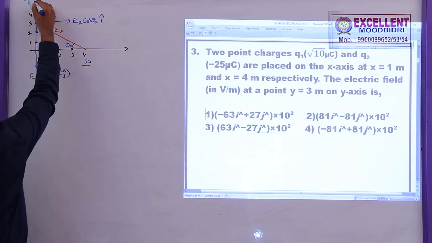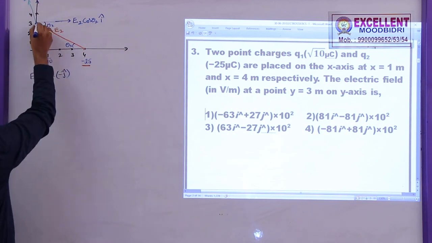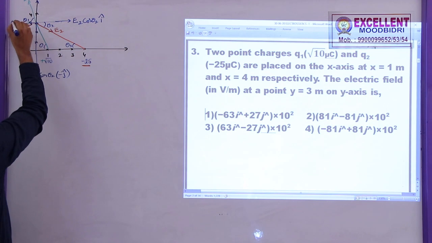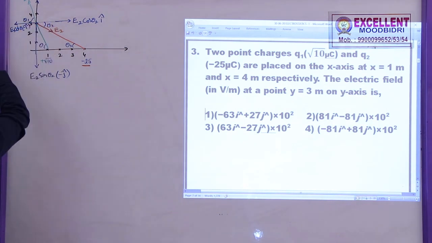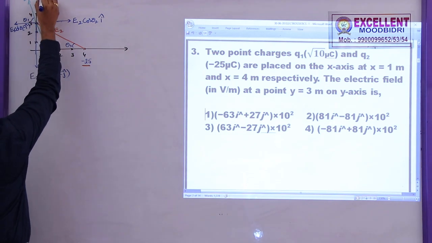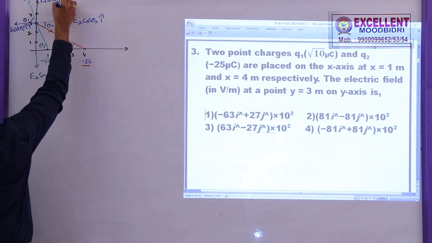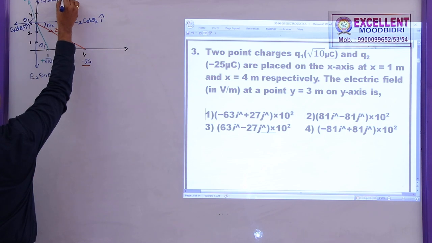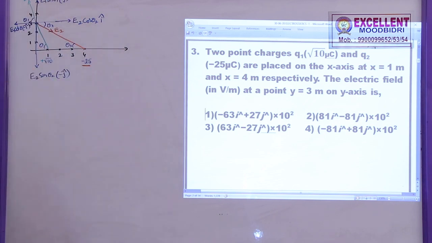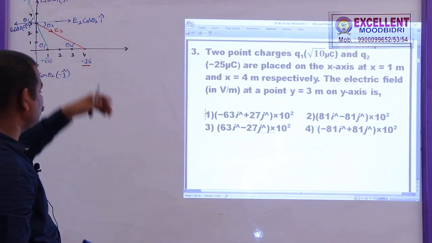This is E1 cos theta 1 minus i cap, negative x-axis. This is E1 sin theta 1 positive, that is plus j cap. So now I need to add all these four vectors.